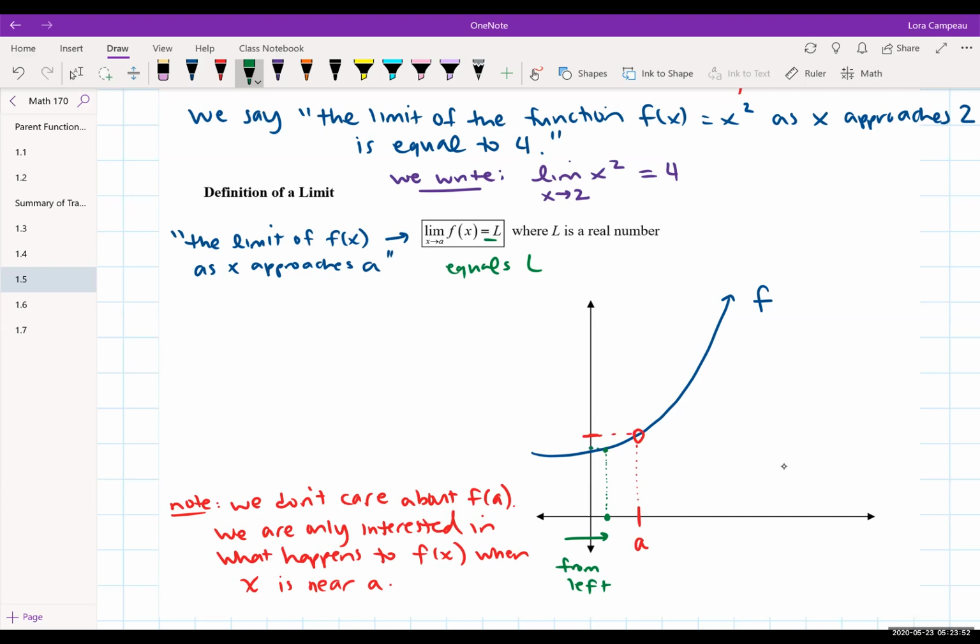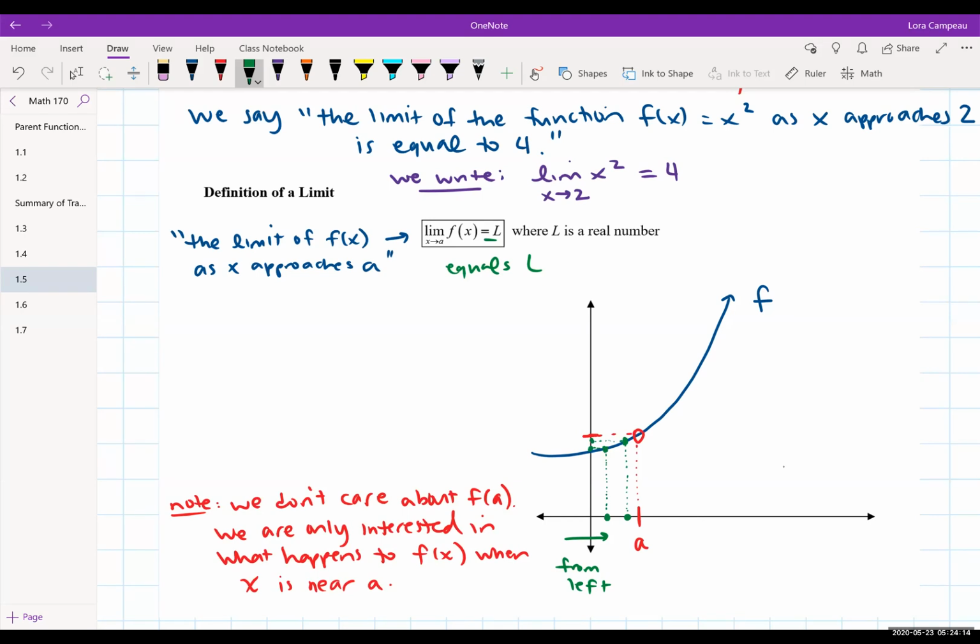It's a little bit over here. We can choose any other value too. We can go a little closer if we'd like. Find its corresponding y value. Mark where that is on the y-axis. So we have some values that are getting pretty close.